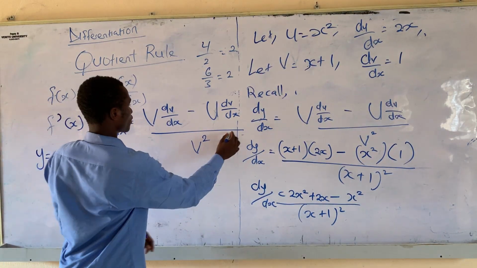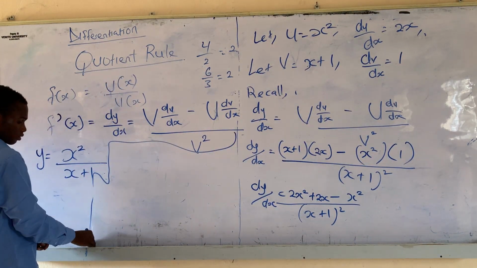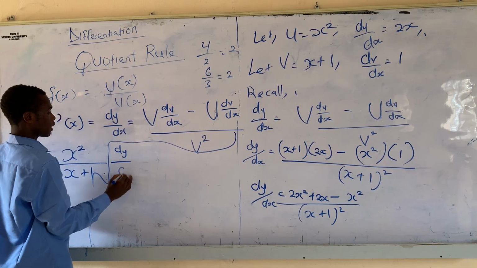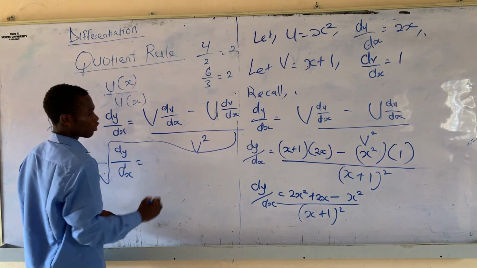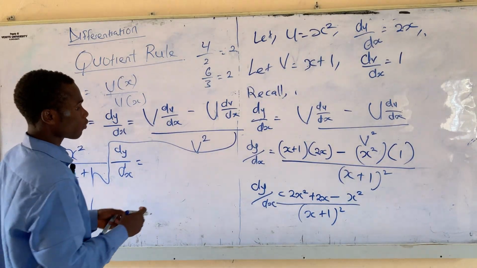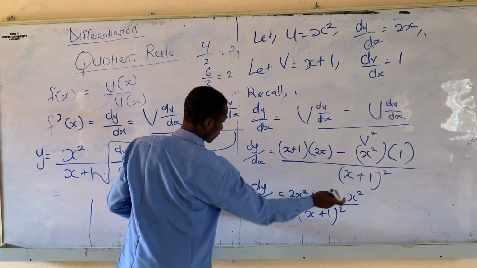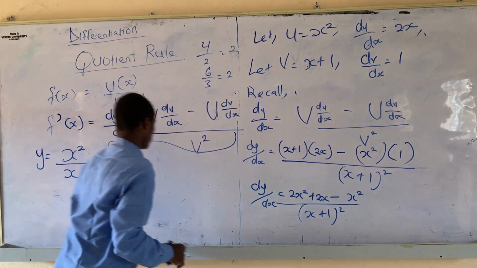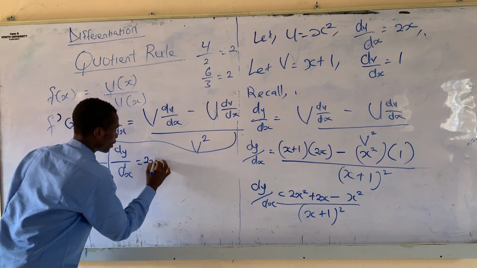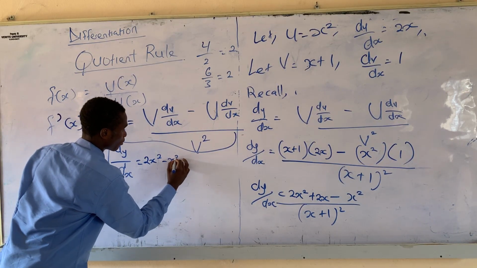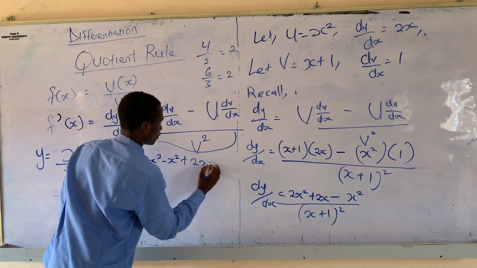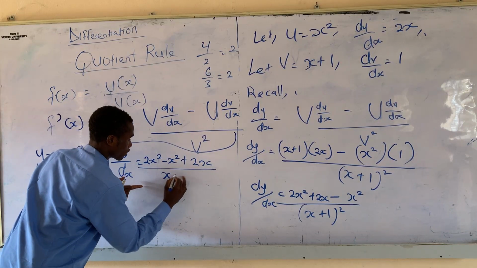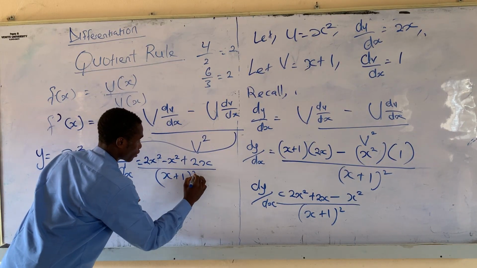Then we can now say our dy over dx will be equal to, if we collect the like terms of the numerator, this becomes 2x squared plus 2x all over x plus 1 raised to 2.